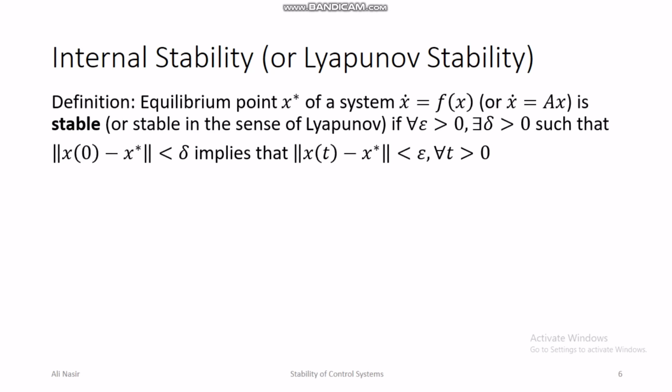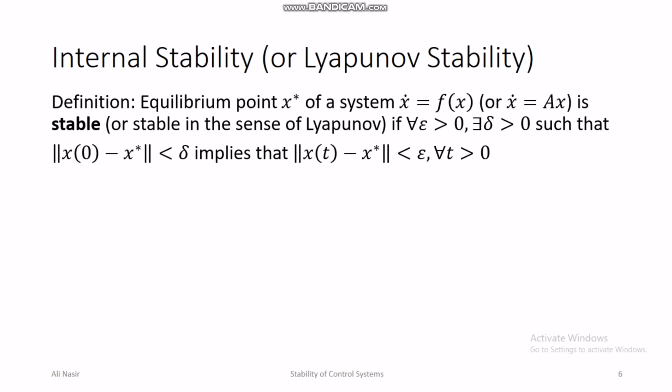I'm talking about a linear system, which is a linear dynamical system. Dynamical system means the system has dynamics that change with time. So x dot equals A x means that x will change with time. The derivative of x with respect to time is non-zero, so x will change with time.